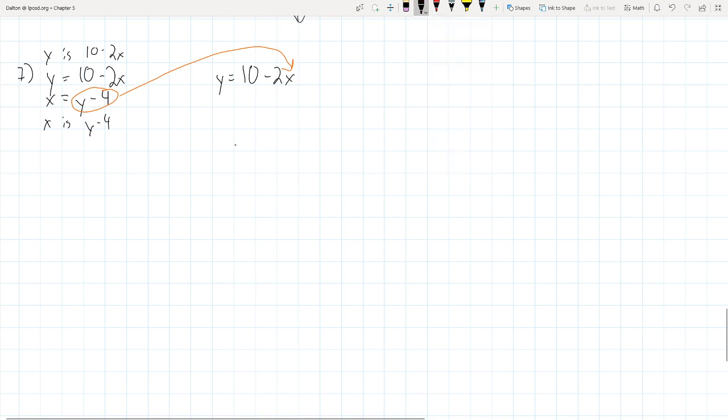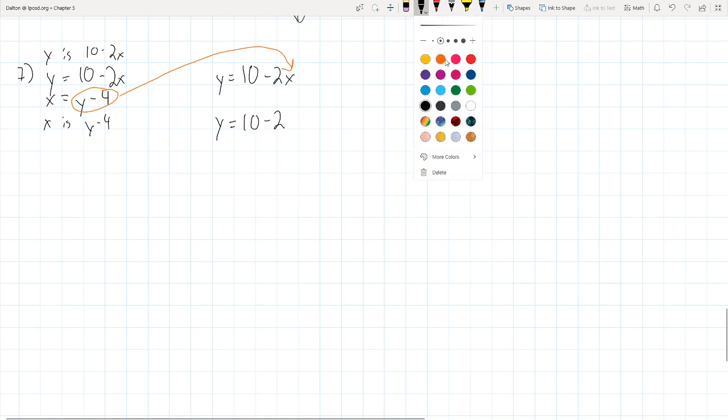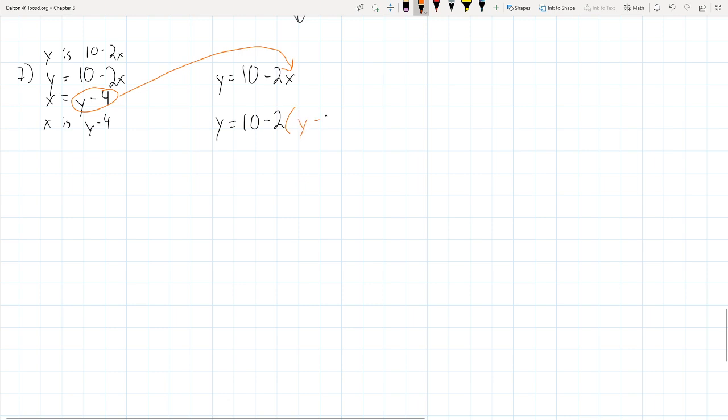So what happens is now I have y equals 10 minus 2, maybe I'll do this in orange so you see that the substitution happened here, y minus 4. And you might be going, oh man, I just don't quite get that yet. Let's work through this, and then we'll show you how to check and verify that this does work.